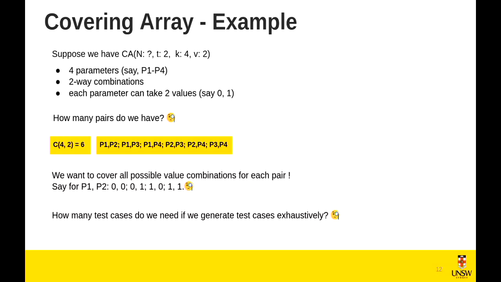If we do 24, we will end up with some duplicates. You can write it down and check, because let's assume each one of the parameters is a bit. We only have 4 bits, so we only have 16.